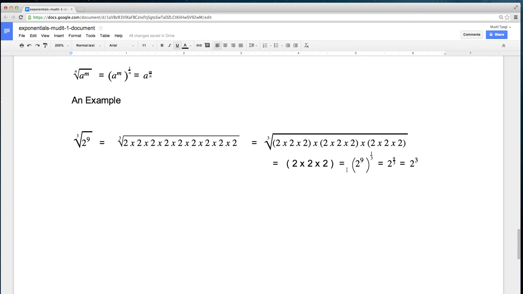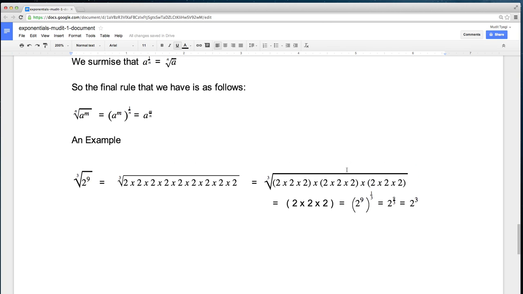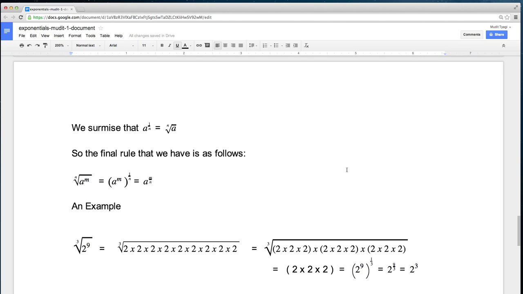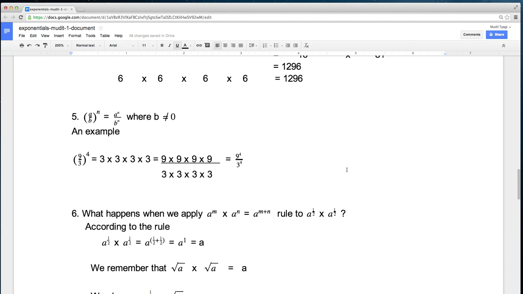So we have our definition of the exponent, and we have various rules that we need to learn in order to correctly use the exponent and simplify expressions that contain the exponent in them.